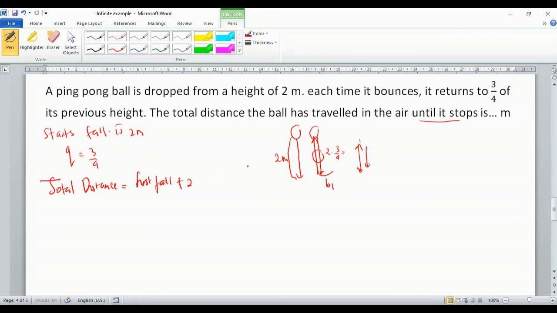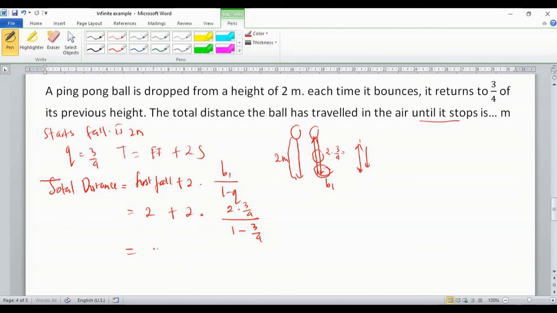And the total distance is the first fall plus 2 times, because it bounces, b1 over 1 minus r, or I can say FF plus 2S, everyone, if you want to make it easier for the formula. The first fall is 2 meters plus 2 times b1. b1 is 2 times 3 over 4, right? Over 1 minus 3 over 4.